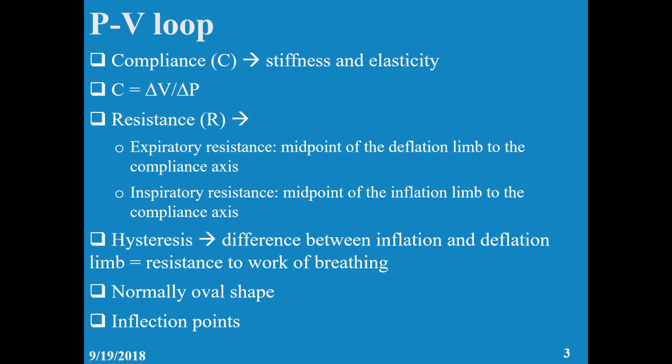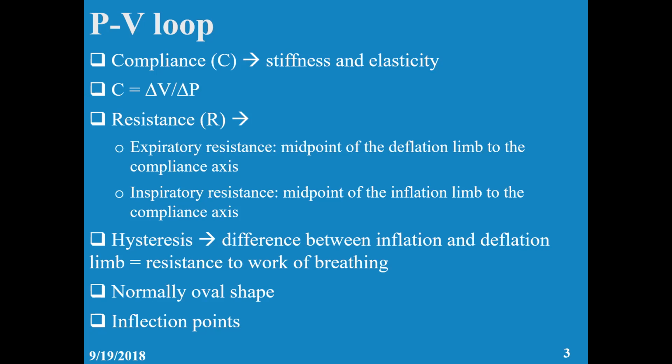When I give a pressure for a long time, I will give volume. When I give a pressure, I inflate. And once I inflate, that means the object is distensible, and we are talking about compliance.